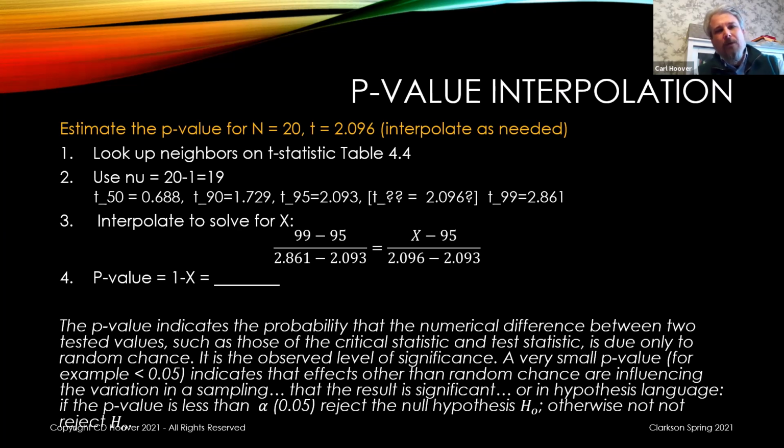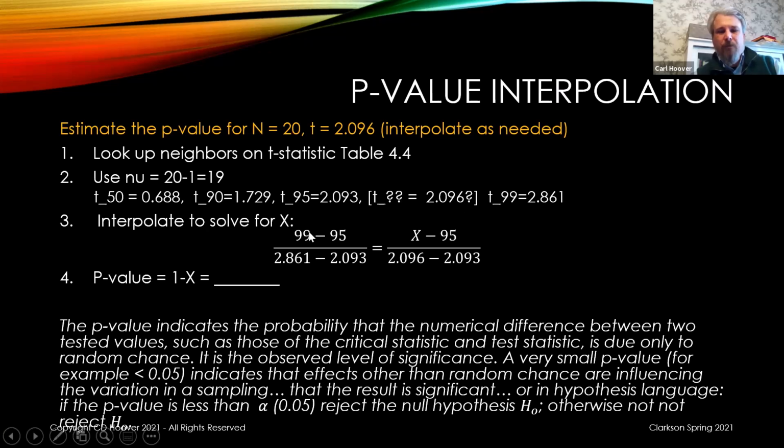When you look up the t-table that we have, we only have 50%, 90%, 95%, and 99% probability values tabulated. So we have to figure out what probability corresponds to a t of 2.096, because 2.096 is somewhere between the values for 95% and 99%.